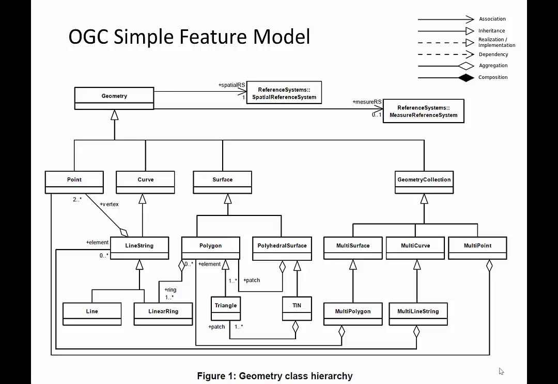So the point inherits the associated spatial reference system. Association is just a pointer, basically, to another object. So here, the geometry class is pointing to the spatial reference system, but the point inherits the geometry class, so it also inherits that pointer to the spatial reference system. If the spatial reference system supports z and m coordinates, then the point inherits those z and m coordinates from the geometry. Right.